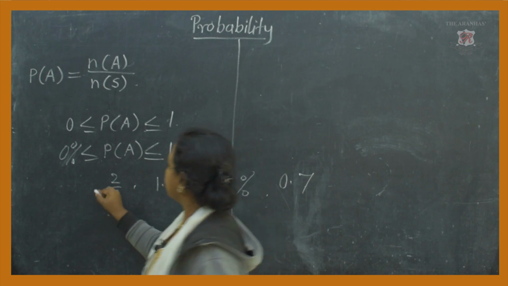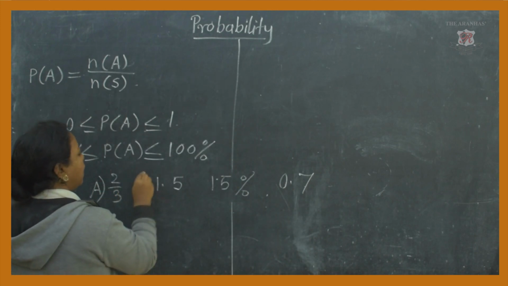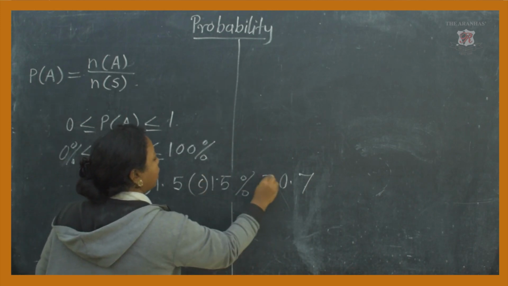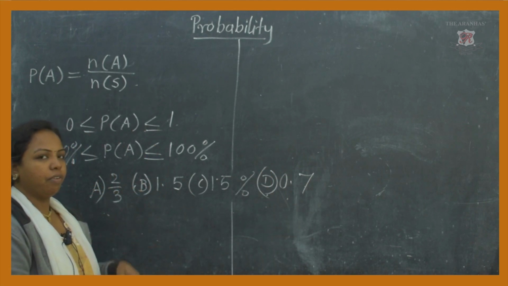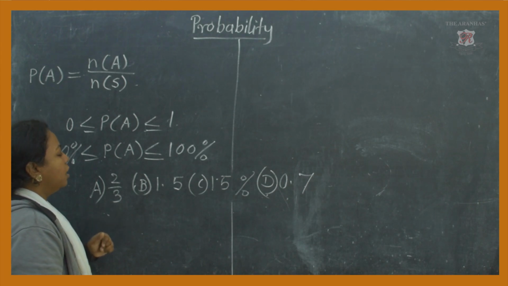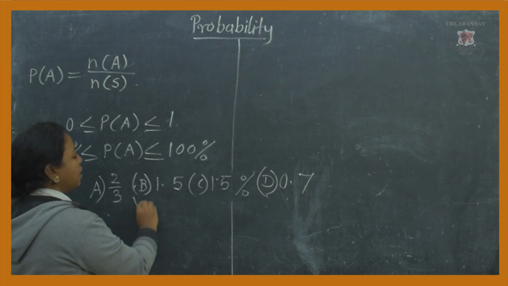Okay, this one is A, B, C and D, that I want to explain just now. I will take one example and then we will move on. So the correct answer is this one.